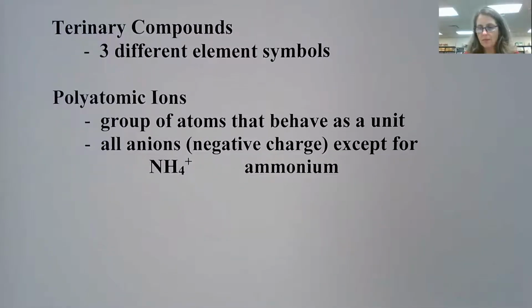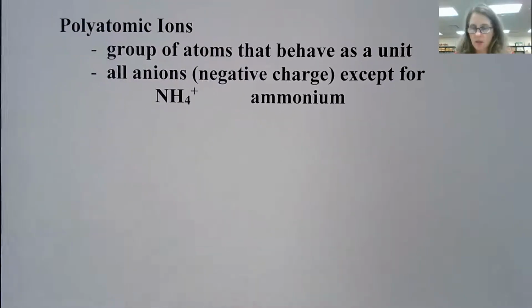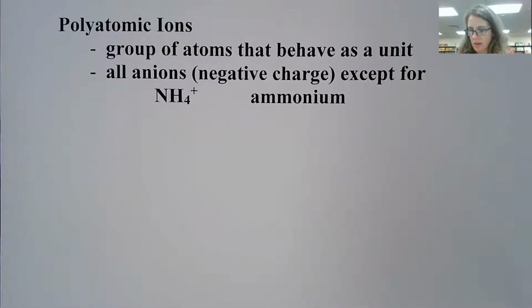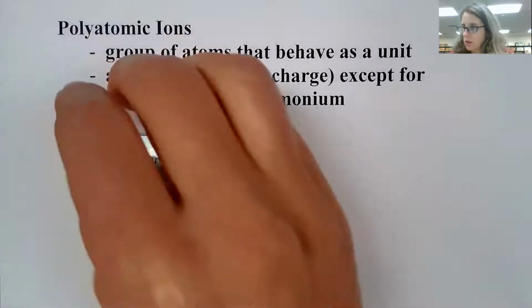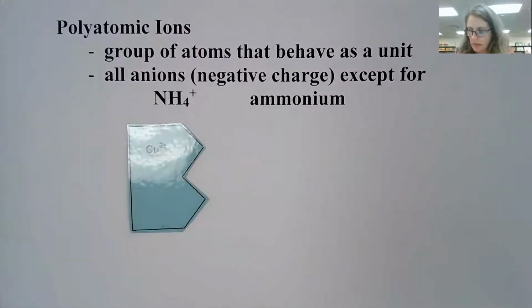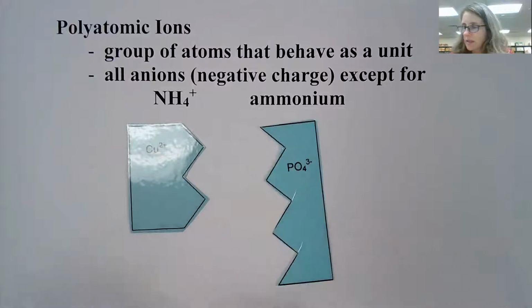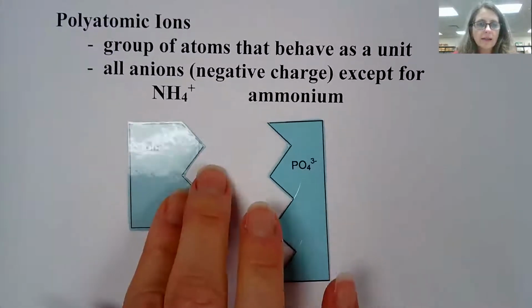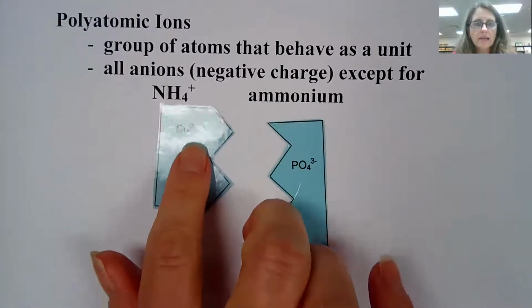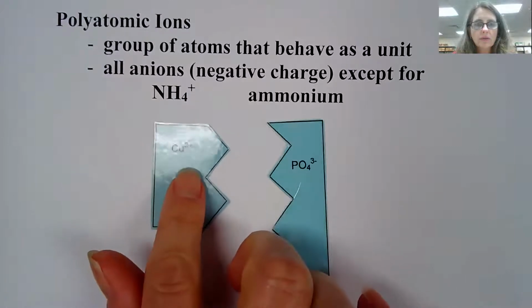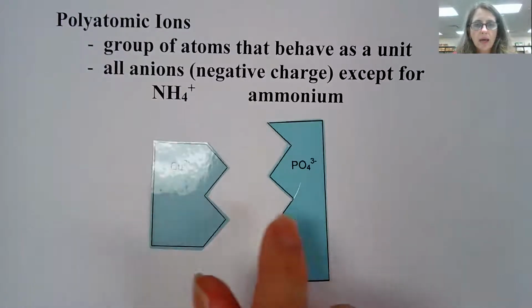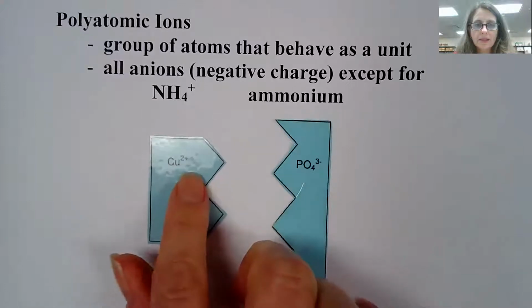Now, how they behave is they behave like one thing. So if we were doing this in school, what you would see is the following. Let's take two different ions here. Let's say it's copper 2+, and then PO4 3 minus.